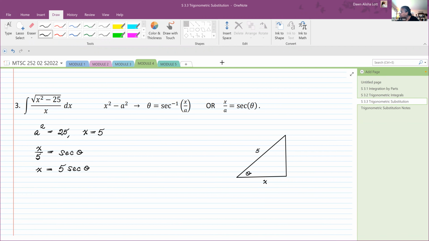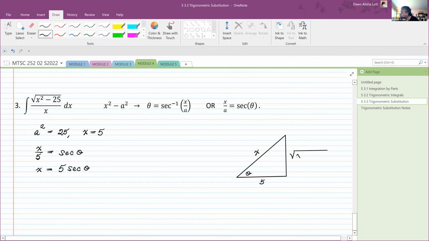So then this side becomes the square root of 25. No, what did I just do? That was cosine. Secant is this over that.